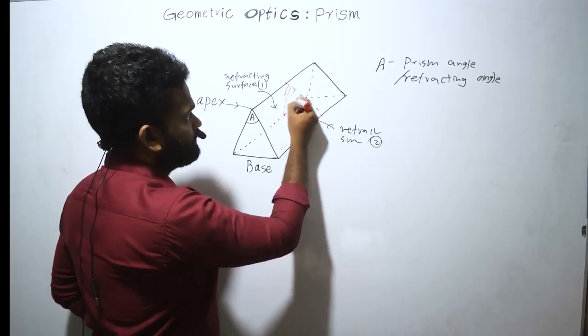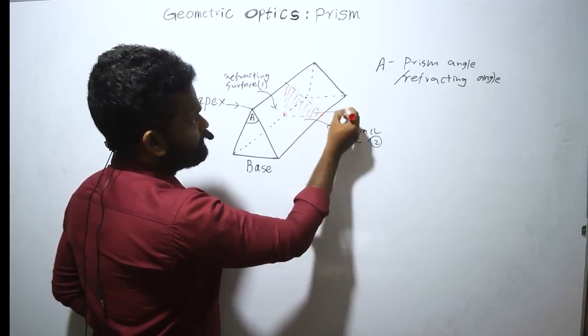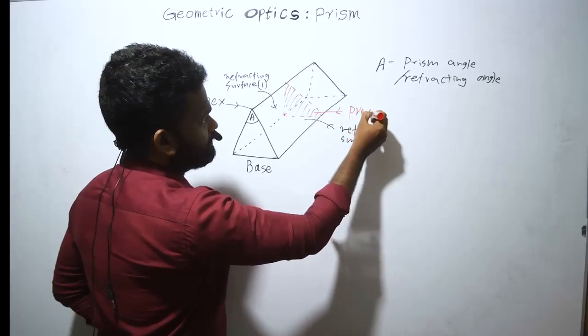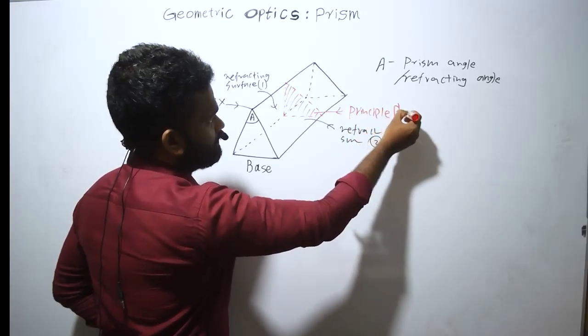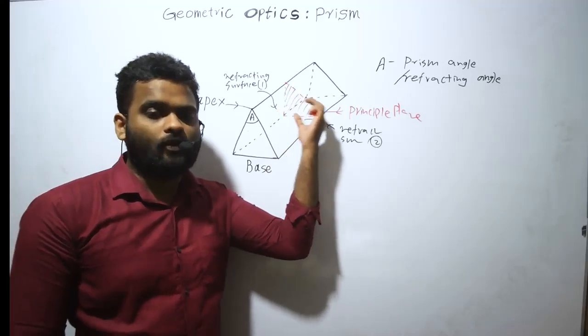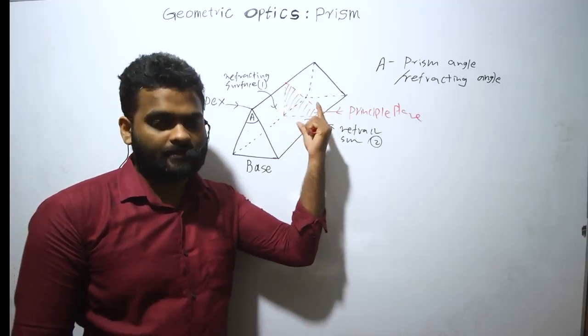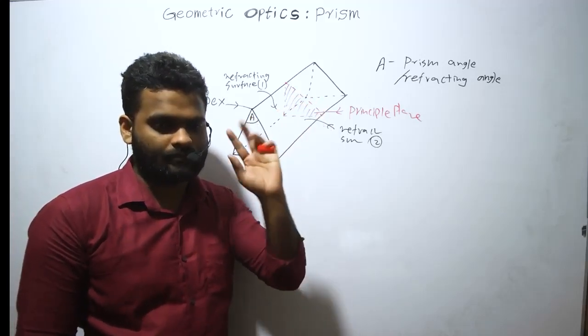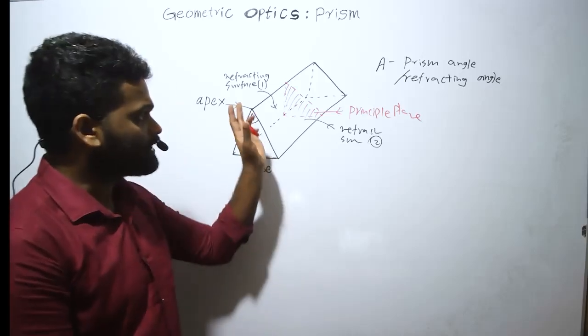We call this the principal plane. So we draw all the ray diagrams on the principal plane. Okay? I think everyone understood that.